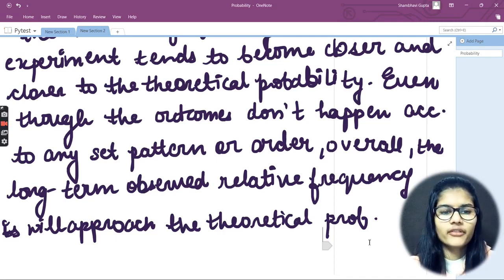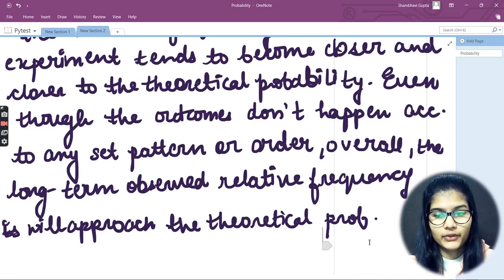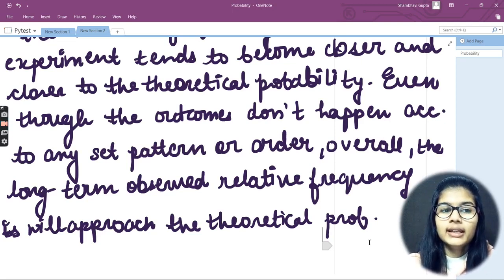If I write empirical or if I write observed, the meaning would be absolutely the same. Right here I simply used the long-term observed relative frequency, but instead of that I could simply use long-term empirical relative frequency. So empirical is only used instead of observed. Do not get confused by that.